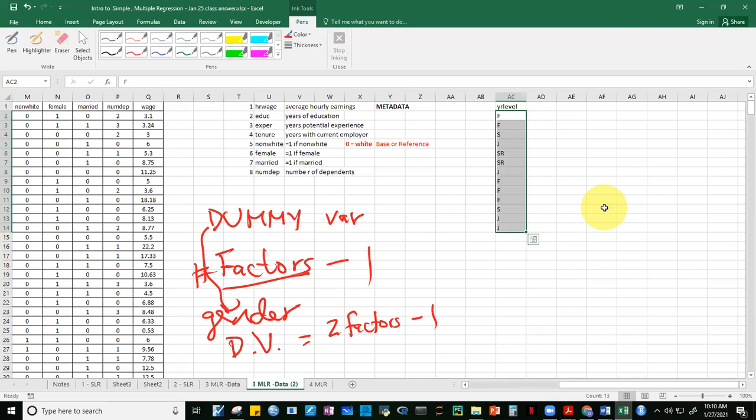Guys, pwede ba natin gamitin 'to as regressor? Answer? Pwede. Kasi factor 'to, guys, no? Factor siya. Ang question natin, ilang dummy variables ang i-introduce natin? How many dummy variables are we going to introduce?